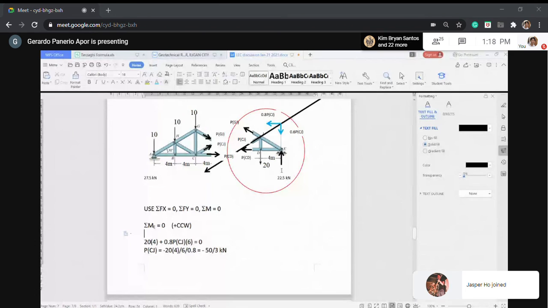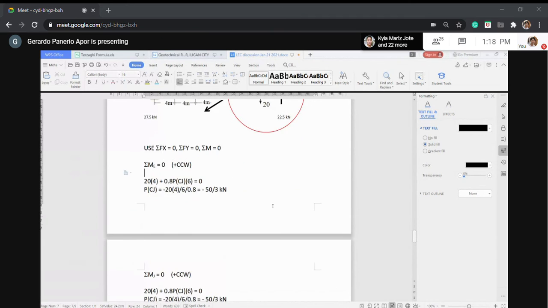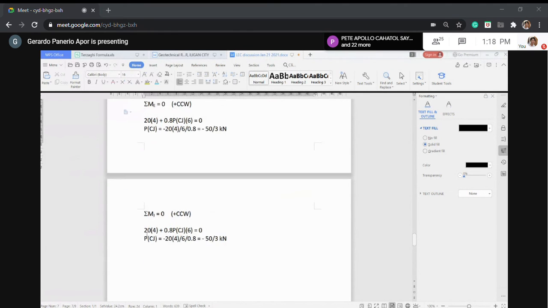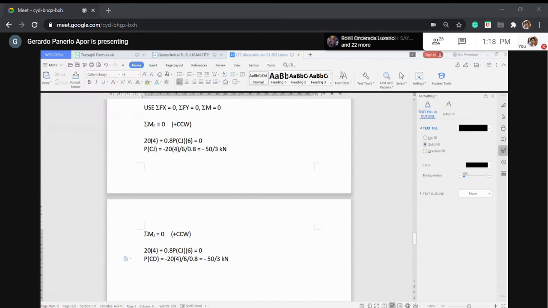Their line of action, no matter how you extend them, will not pass through J. Thus, it creates moment. So the equation will become PCD. If you put your index finger at J, it will rotate in a clockwise manner. Thus, this one will become negative. Using counterclockwise as positive.